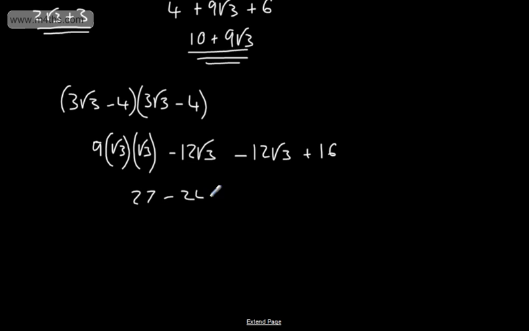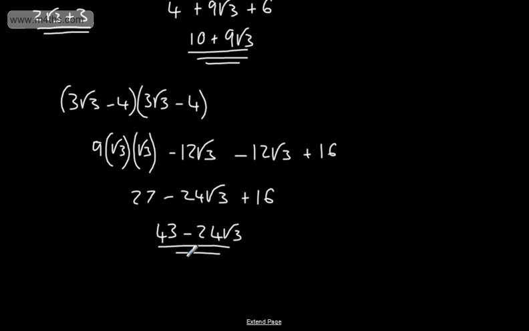Minus 24 lots of root 3, as minus 12 root 3 minus another 12 root 3 is minus 24 root 3, plus the 16. So we could add the 27 and 16, 43 minus 24 root 3.